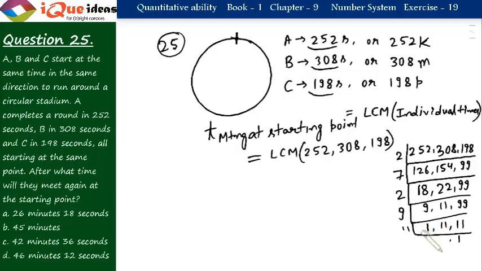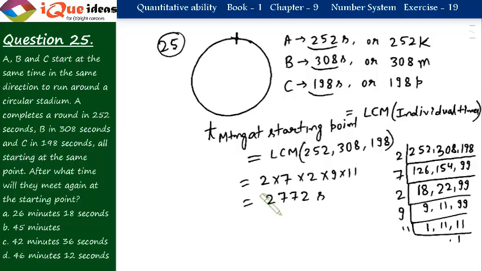So the LCM would be 2 into 7 into 2 into 9 into 11. So 2 twos are 4, 7 fours are 28, into 99. So 2800 minus 28 is 2772 seconds. So the time for starting point meeting is 2772 seconds.